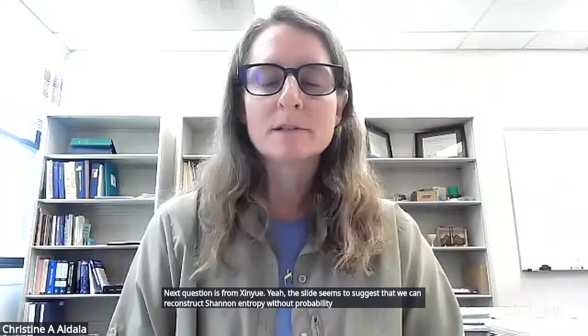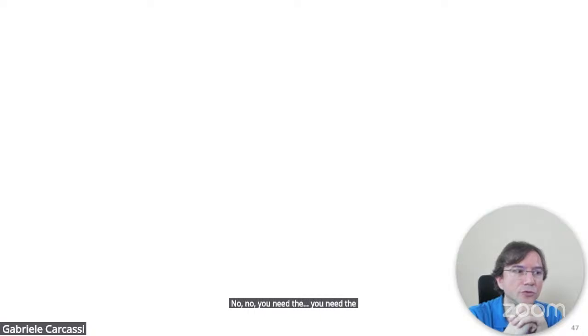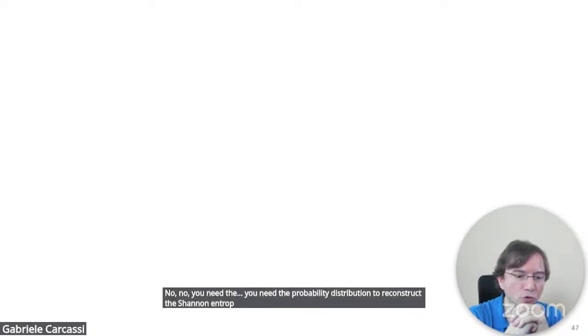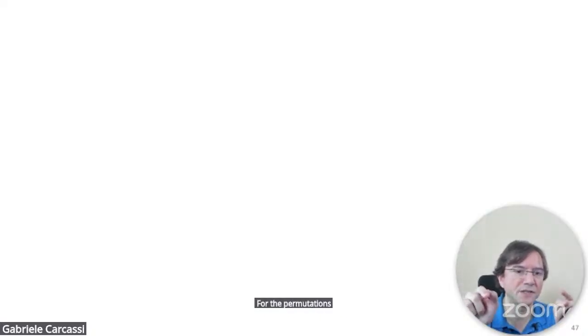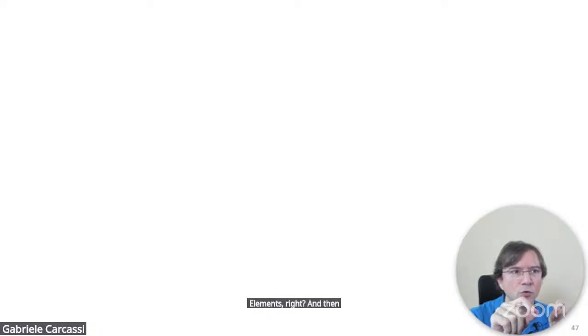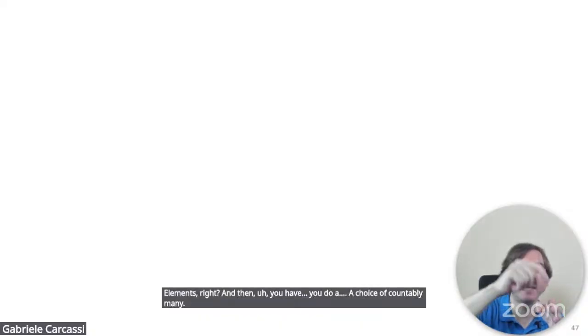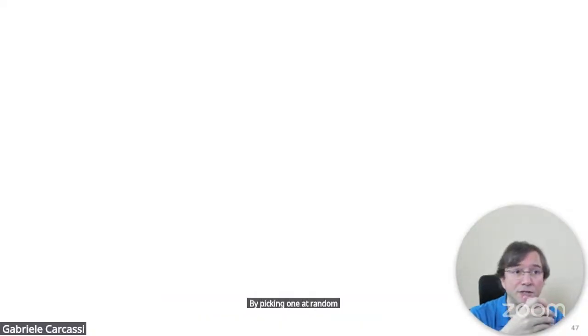Next question is from Xinyue. The slide seems to suggest that we can reconstruct Shannon entropy without probability distributions. How to understand this? No, you need the probability distribution to reconstruct the Shannon entropy. So what you do for the permutations is you have a probability distribution over some elements, right? And then you do a choice of countably many by picking one at random according to the probability distribution.